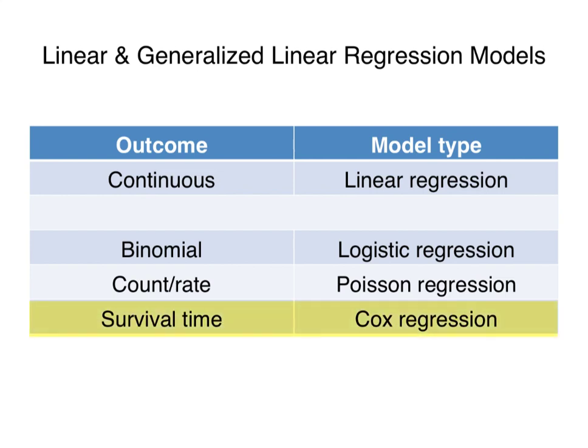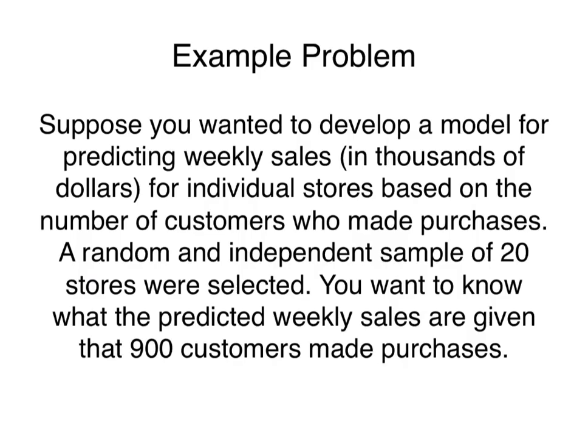Cox regression, which is also known as survival analysis, is used when the outcome variable of interest is time until an event occurs. For example, how long does a patient survive after diagnosis of disease? For each and all of these types of regression models, the explanatory variables may be any mix of numeric and categorical variables. For those of you taking SPPH 500, we'll expand on these types of models in that course.